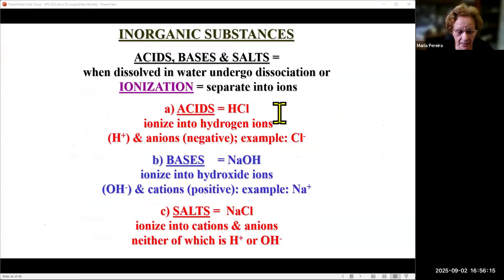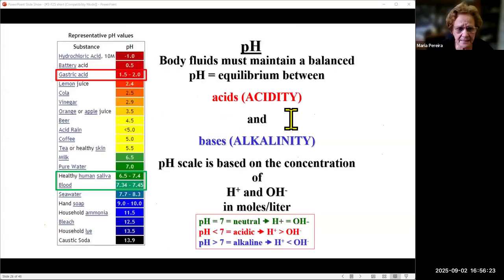So what is hydrochloric acid? It contains hydrogen as the cation and chloride as the anion. So why is this important to have such an acidic pH in the stomach? This is so that it's easy for the enzymes to break apart the covalent bonds that link the molecules so that they can then cross the walls of the small intestine and go into the blood.